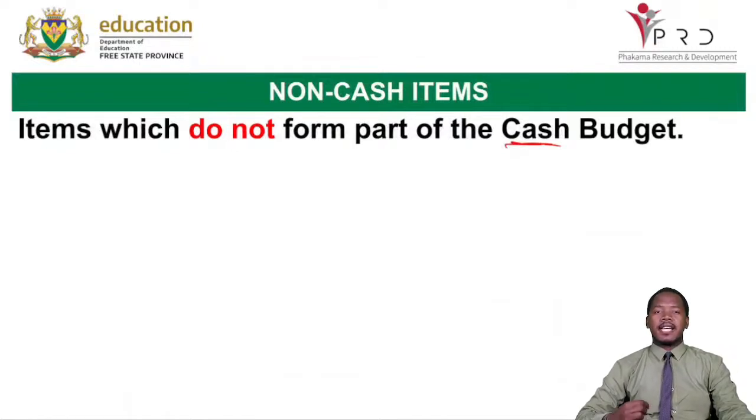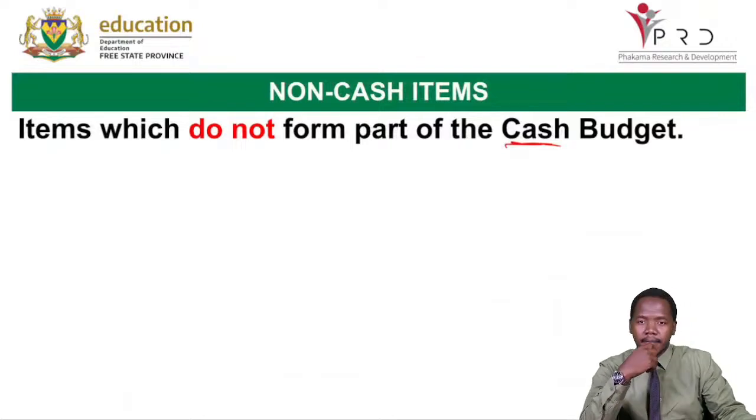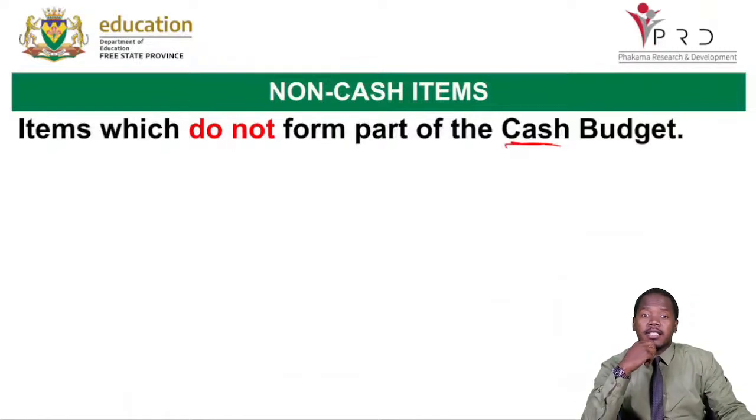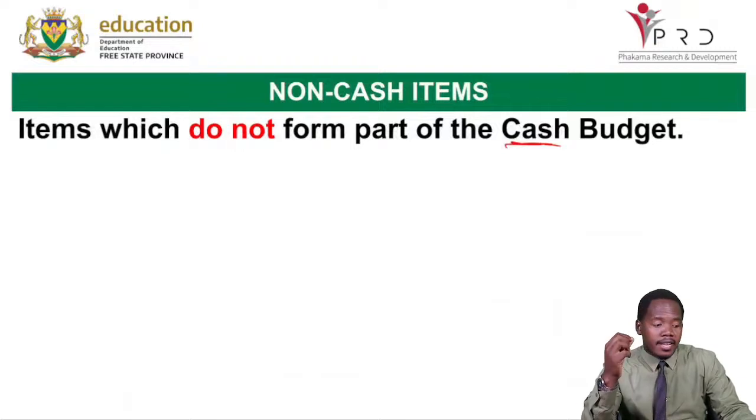What are the items that are not part of the cash budget? Just a few seconds for you to think about them. Please name them. Tell someone next to you what are the items that do not form part of the cash budget. Talk to someone next to you. Some of you are getting it right. Now let us look at those items.